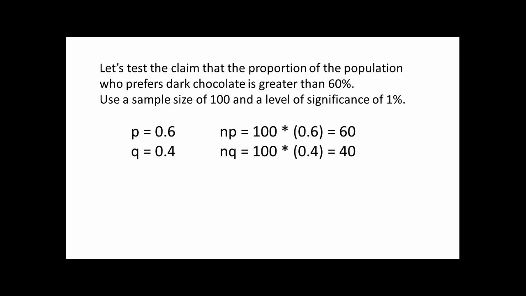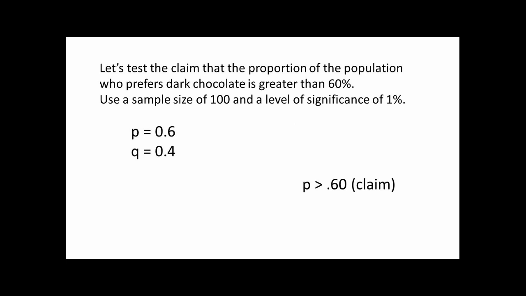They are, so we proceed to stating our claim mathematically. P is greater than 0.60. This claim does not contain a condition of equality, so it is H alpha. Our complement, the null hypothesis, becomes the proportion is less than or equal to 0.60.